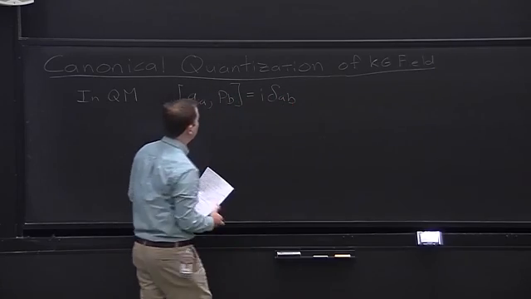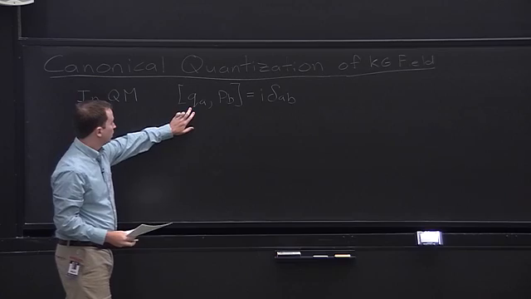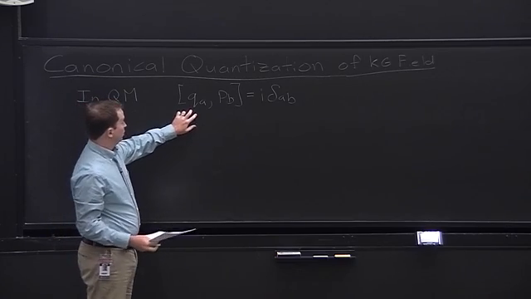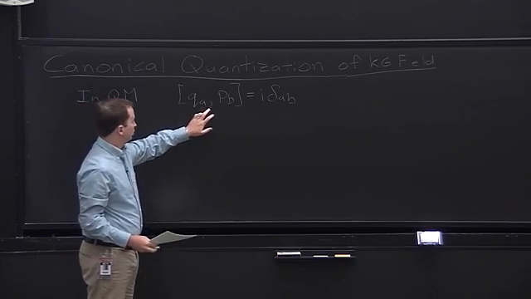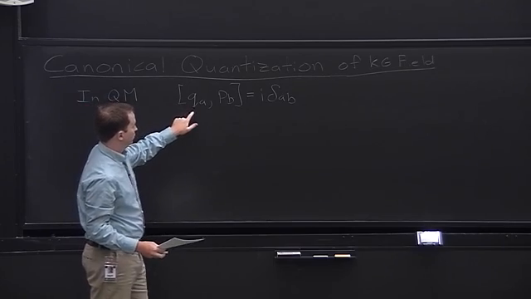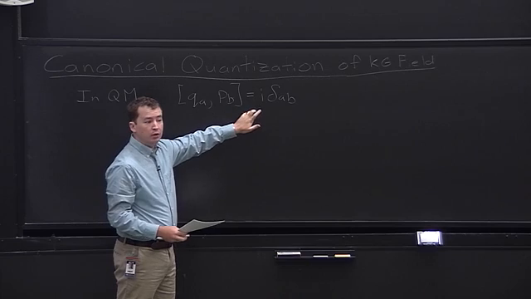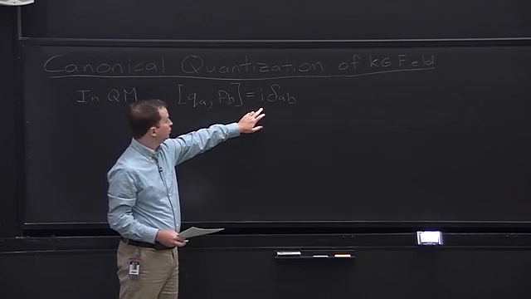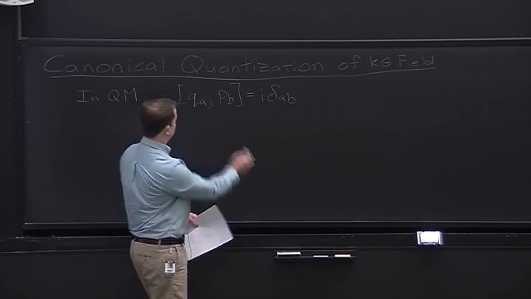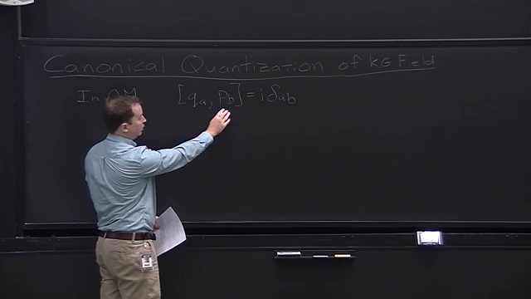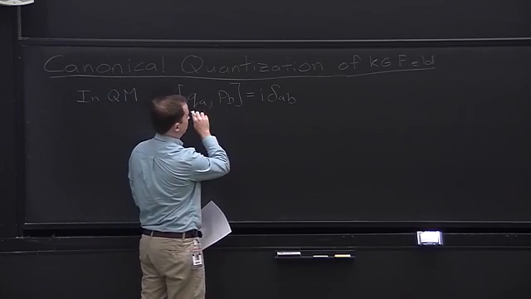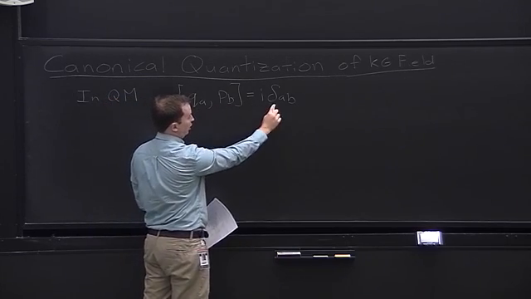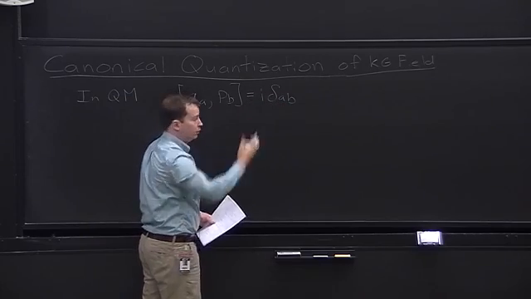So if we have some set of generalized positions, Q_A, and the conjugate momentum, P_B, the usual thing is to impose this kind of commutation relation. Remember, we're always in this course going to set h bar equal to 1. So if they're just a single position and a single momentum, this would just say that the commutation relation is i h bar, but h bar is equal to 1.